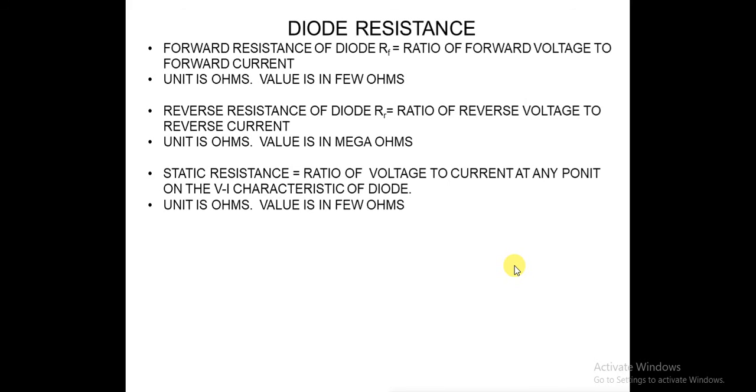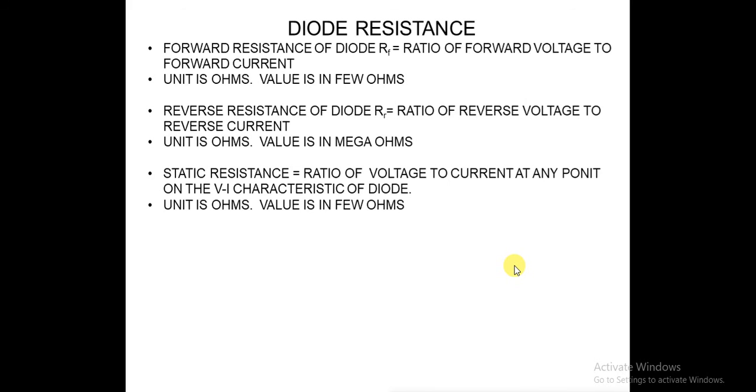It is again the ratio of voltage to current at any point on the VI characteristics of the diode. The static resistance can be calculated in the forward conduction region or the reverse breakdown region.